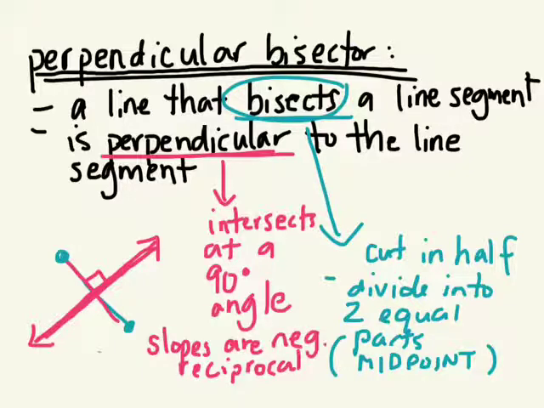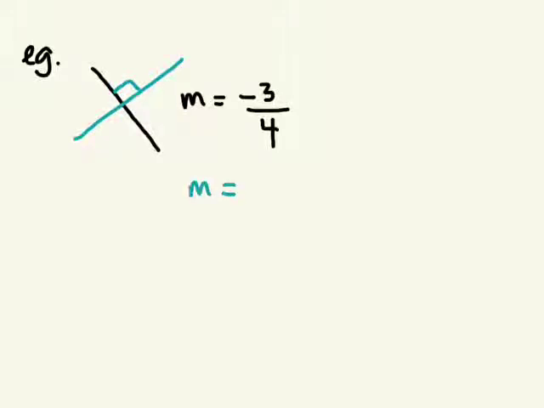Negative reciprocals. So for example, if the slope of this line, I'm just drawing a random line, let's say the slope was negative 3 over 4. And let's say I draw a line perpendicular. If it's perpendicular, what does the slope of the blue line have to be? If I'm giving you the slope of the black line, well, reciprocal, what do you do with the fraction?